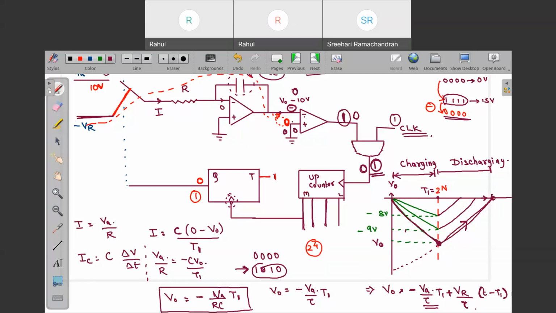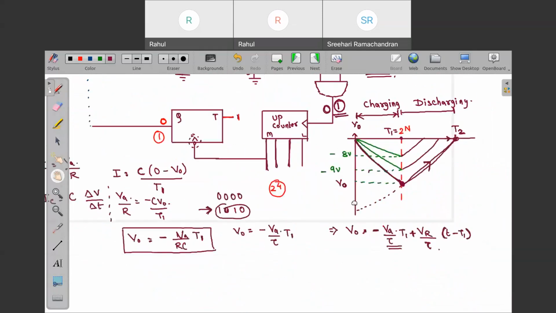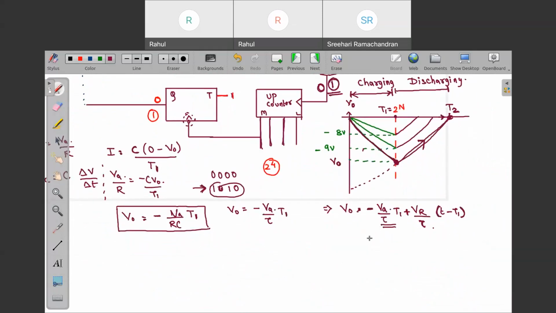Okay, is this clear? So now let me assume this is t2 at this point when it is again going back to 0. So look at this equation. If I put t equal to t2, what will happen? V0 will become equal to 0, minus Va by tau t1 plus Vr by tau t2 minus t1.